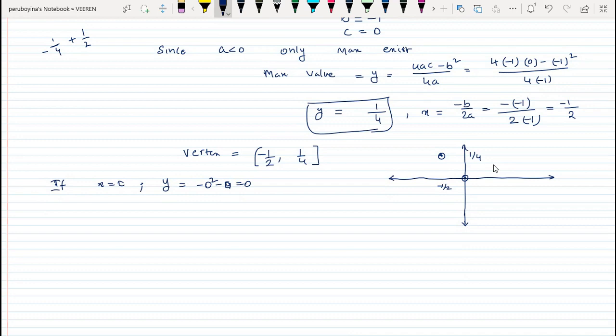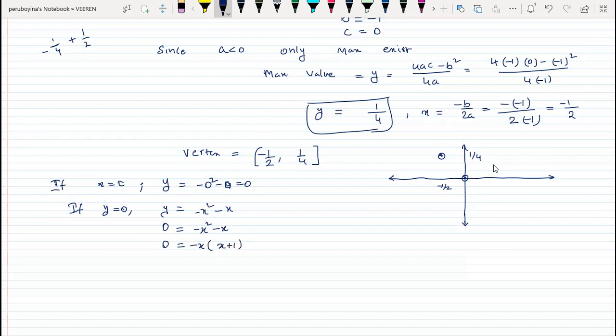So here, what x value makes y equal to 0? If y equal to 0, what does the equation say? y equal to minus x square minus x. If y is 0, 0 equal to minus x square minus x, you can take minus x as a common factor.